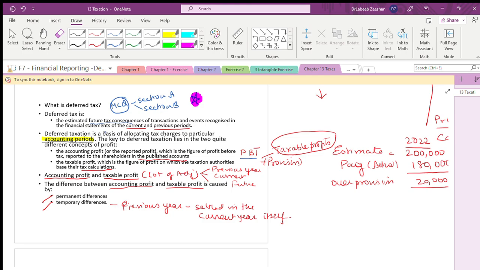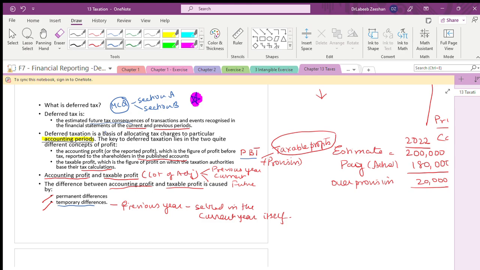In some cases it will be permanent differences, in some temporary differences. Permanent differences we are not going to have that much, but we are very much concerned about temporary differences. Previous year amounts settle in the current year. We cannot carry forward.